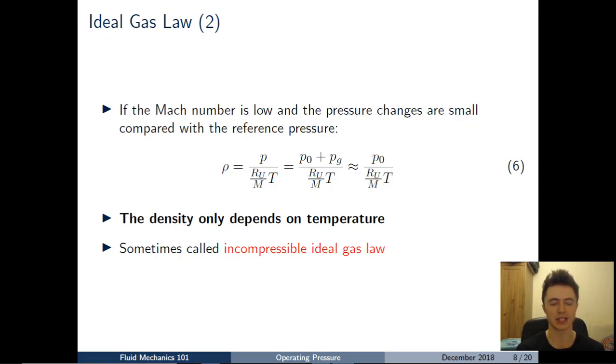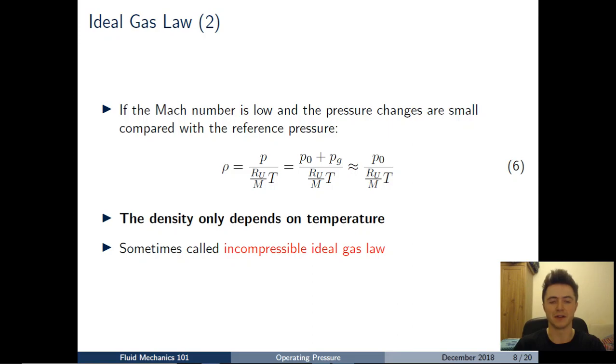And that allows us to get this simplified form of the ideal gas law in equation 6, which says the density is the operating pressure divided by the gas constant multiplied by the temperature. Now, the important thing to note here is that, remember, the operating pressure, P naught, we defined at the start of our simulation as a constant value. We took that constant value and we subtracted it from the static pressure throughout the entire flow field.